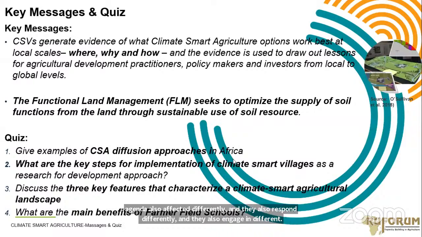There are those which suit a particular gender more than the other, and so on and so forth. But with respect to the indicators and metrics, probably this requires more review of what is existing with respect to the functional land management approach.